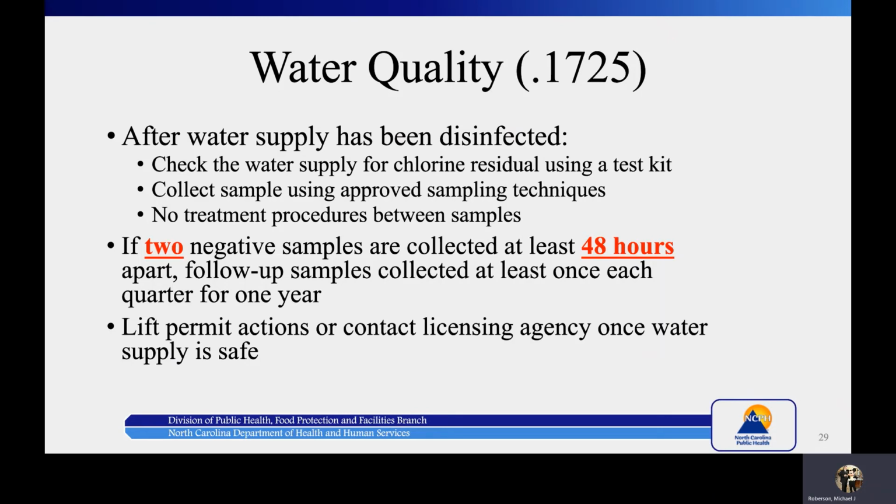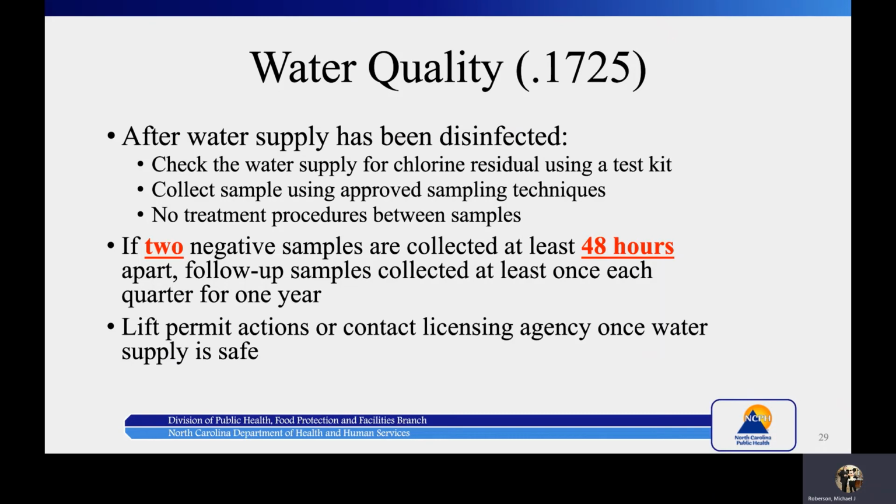So if we've got our hazardous chemicals or we've got our fecal coliform bacteria, they're going to need to make sure that they get this done prior to us being able to lift the suspension. So they're going to remain closed until we can get this taken care of, okay? If it is a licensing agency issue, we're going to follow the guidance and the requirements of the licensing agency. So I wanted to make sure I put that in there.